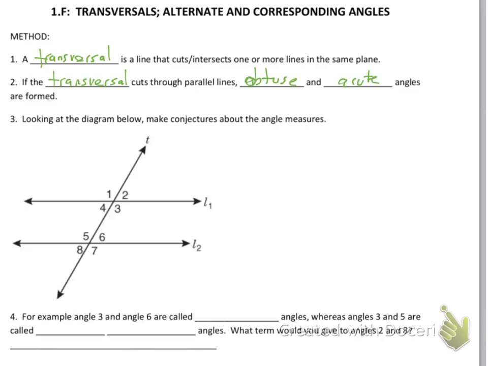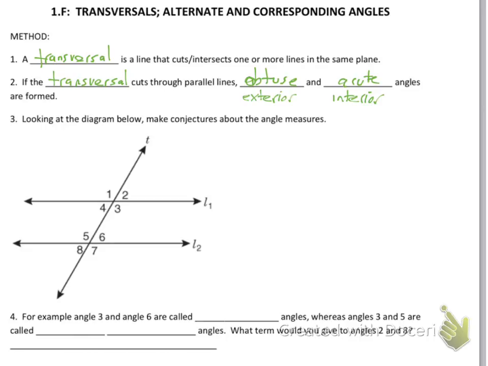Maybe we want to say exterior and interior. How about that? Sometimes there are angles inside the parallel lines, which would be 4, 3, 5, and 6. They're inside. And then sometimes you've got ones outside, which is 1, 2, 8, and 7.